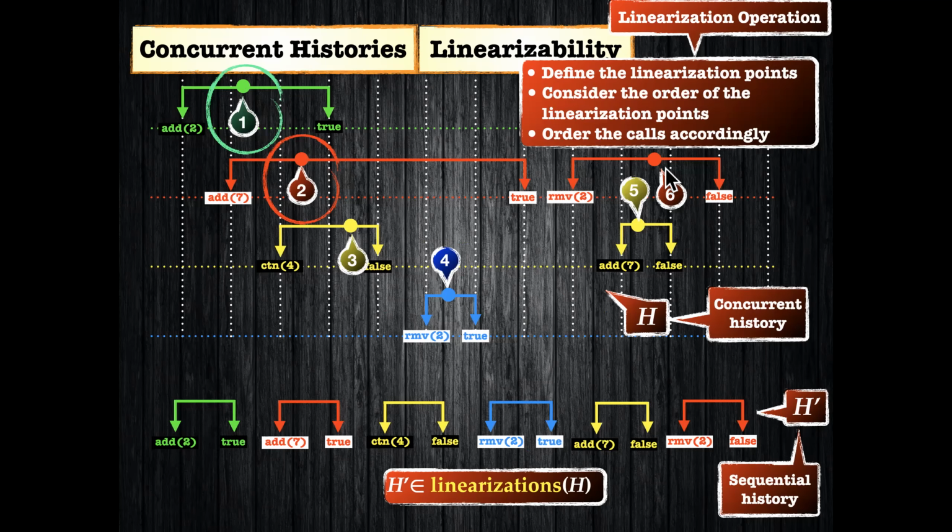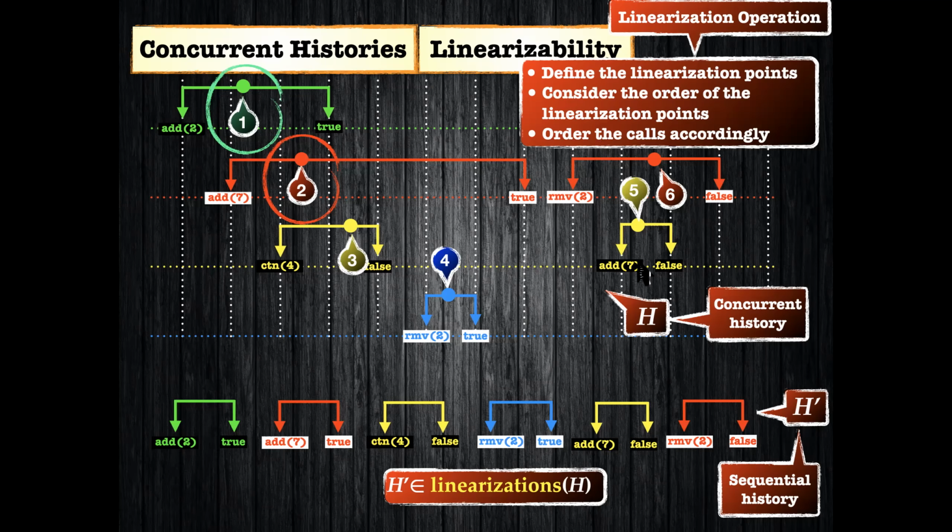But if you take these two method calls, the linearization point of this one will always occur before the linearization point of this one. So the linearization operation defines the linearization points in the concurrent history, and we consider the order of the linearization points. In this case, I have this particular order: 1, 2, 3, 4, 5, 6.